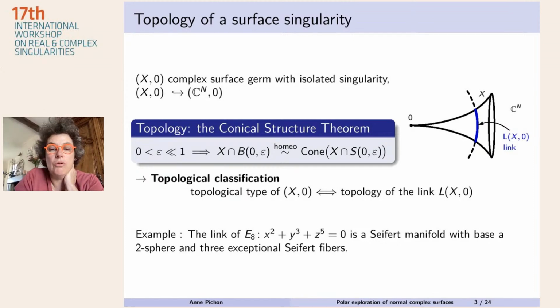Do you see the arrow on my screen or not? No, probably not. But what you obtain when you intersect X with spheres S_ε of radius ε centered at the origin, is an intersection with X, which is called the link of X.